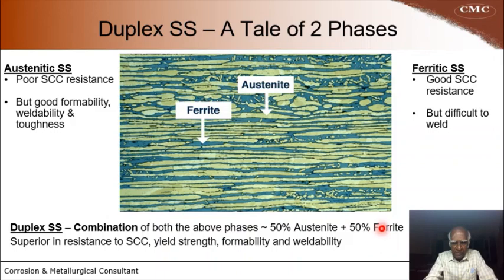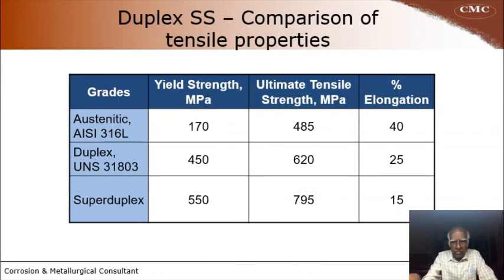Almost 50% austenite and 50% ferrite. Superior resistance to stress corrosion cracking because of the ferrite, and good yield strength, formability and weldability because of austenite. So that is the reason duplex stainless steel has come to stay, and it is a popular grade for most of the applications.